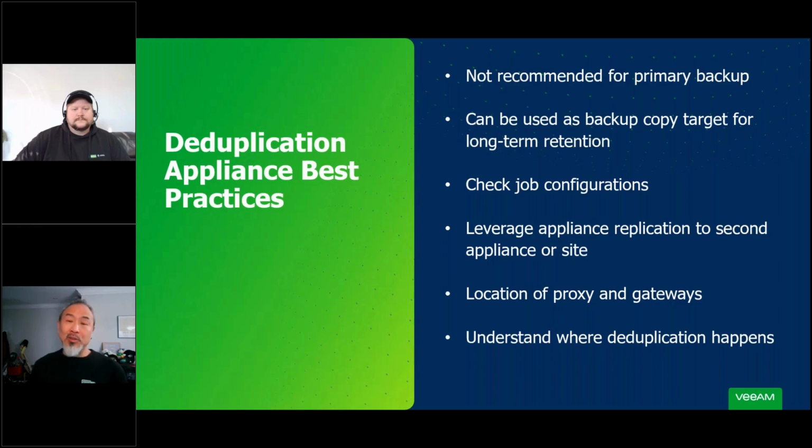Again, it's a little bit different for each vendor, but as we mentioned before, the gateway is the piece from Veeam that connects to the deduplication appliance itself. It does the data moving, and just understand how the deduplication happens for your particular dedupe appliance vendor, and design your configuration, your architecture based on that.